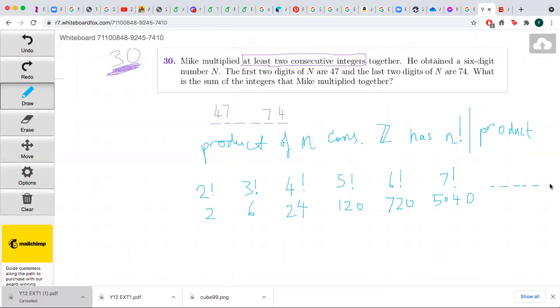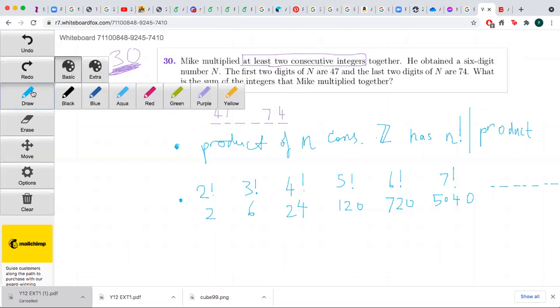Okay, so does someone want to tell me what they can conclude from this array of factorials along with this fact here? Remember, we're trying to answer the question of how many integers did Mike multiply together? It wasn't more than 4, so it was either 2 or 3.